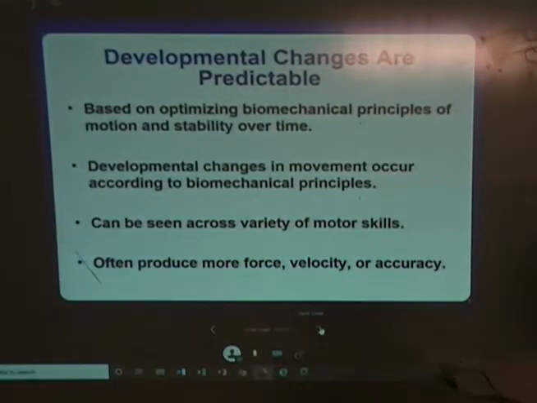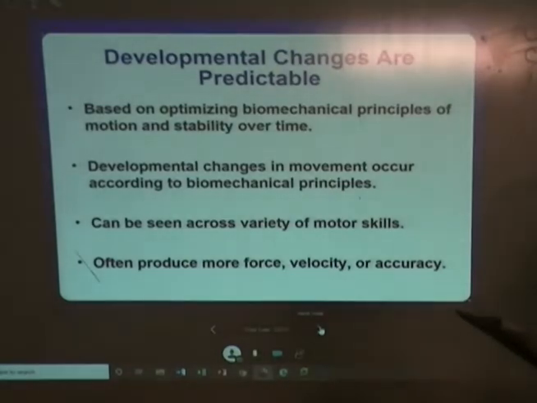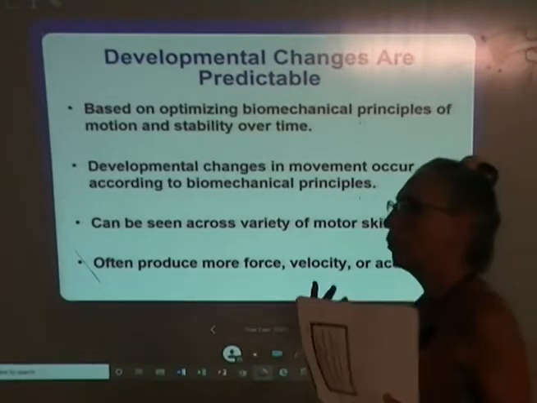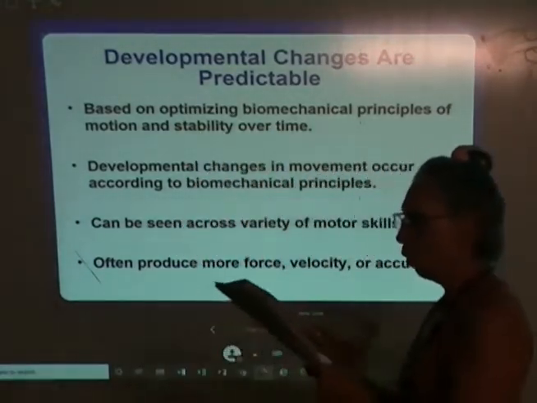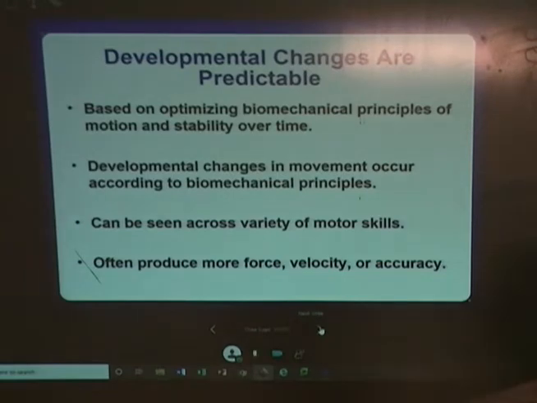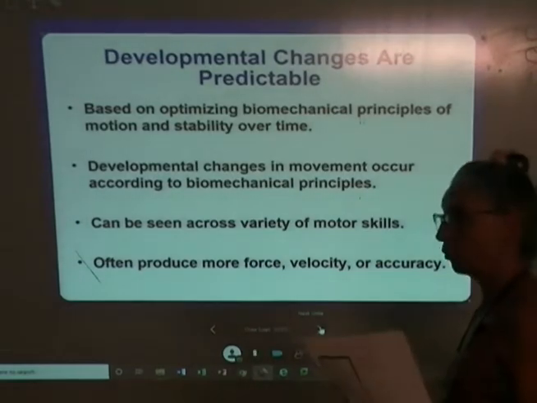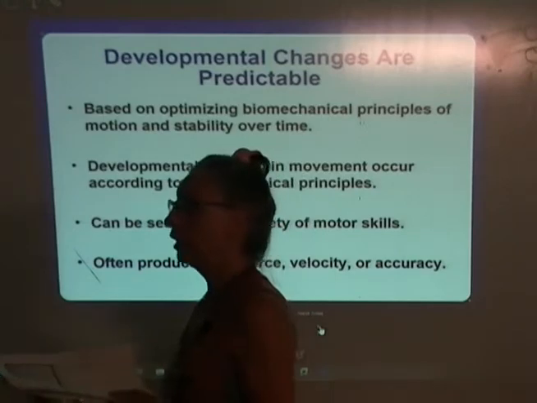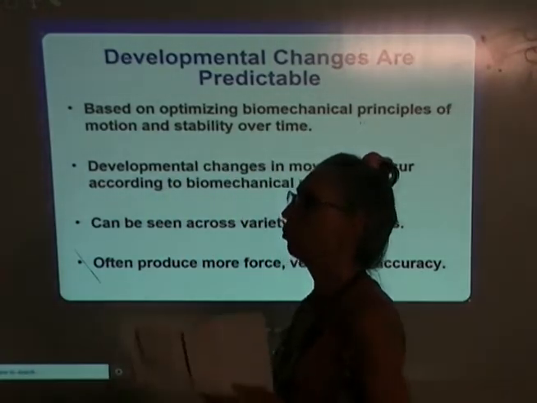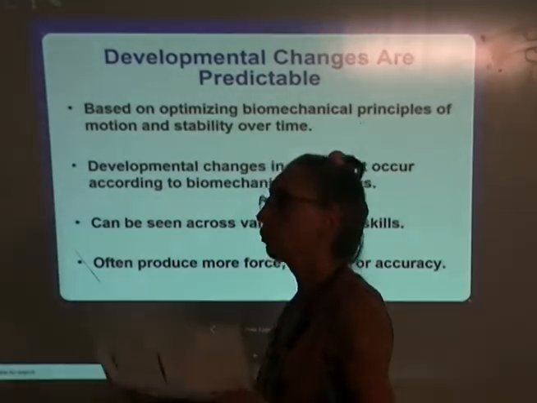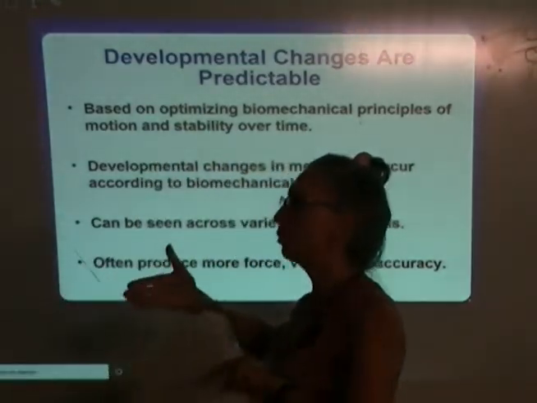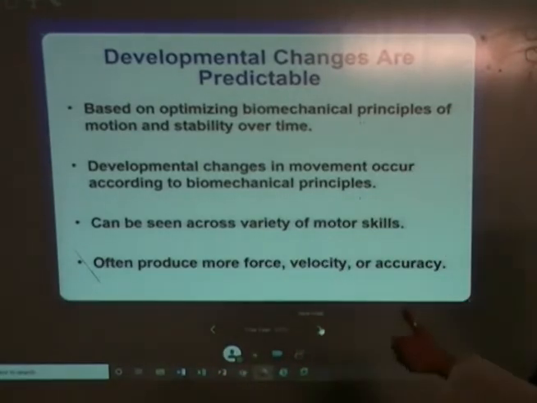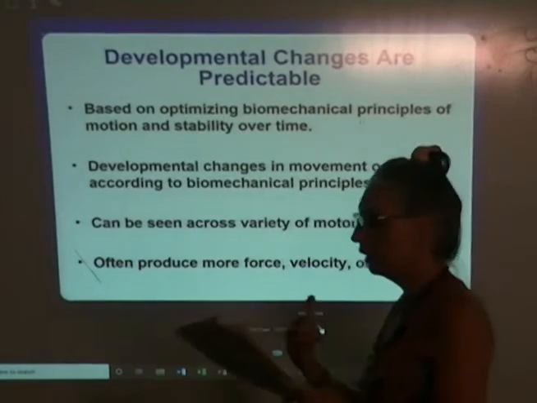So they can be seen across a variety of different motor skills, right? When we watch the skill change, it's often being calibrated or possibly recalibrated to be successful. So if you have an injury and you have to have surgery, then you have to recalibrate that movement pattern through your rehab, and you use those biomechanical principles to relearn a motor skill you could do before your surgery, right?